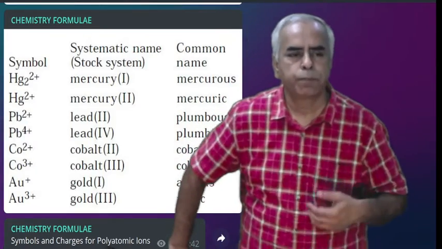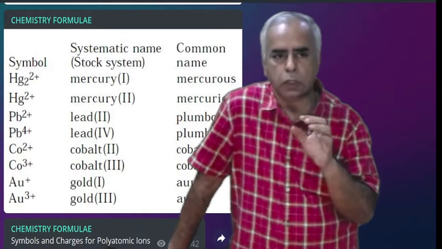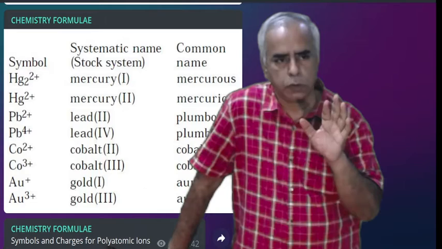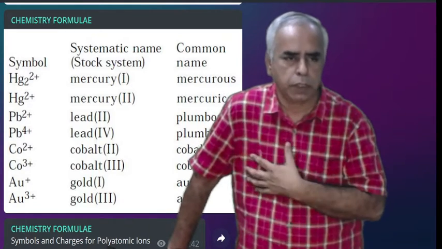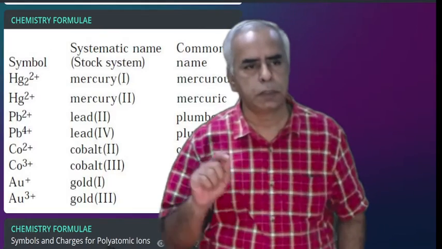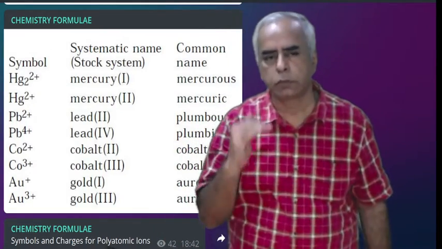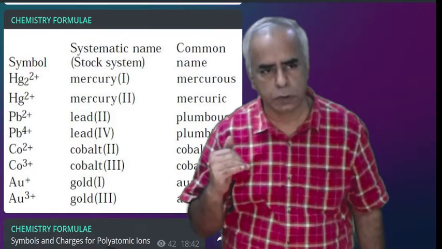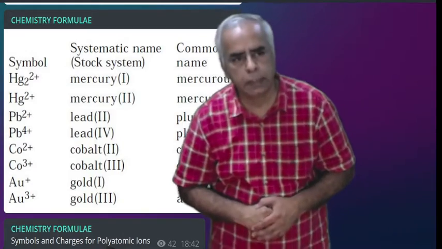So Hg2 2 plus is called the dimeric ion, the double form of Hg plus, which is nothing but mercury 1, the mercurous ion.